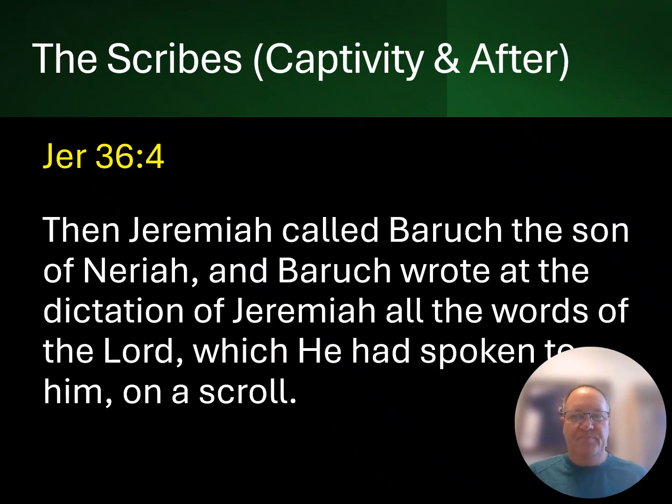Now this is a little different because Baruch is not making a copy of some book in the Old Testament. Baruch is actually making the book of Jeremiah. God is speaking to Jeremiah, and Jeremiah is giving it to Baruch, who is writing it down.